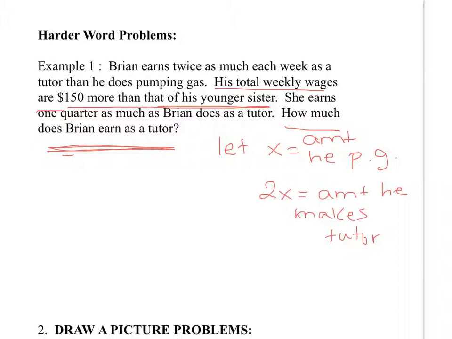Okay, so his total weekly wages are X and 2X, which is 3X. And he makes 150 more than his younger sister. So I put minus 150 as that gives me the amount the younger sister makes.